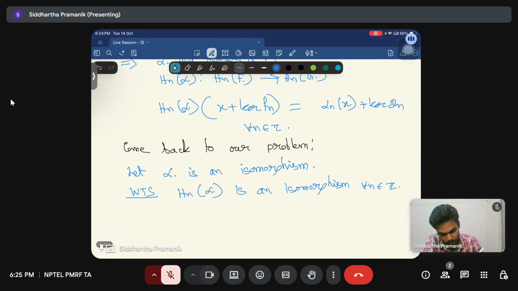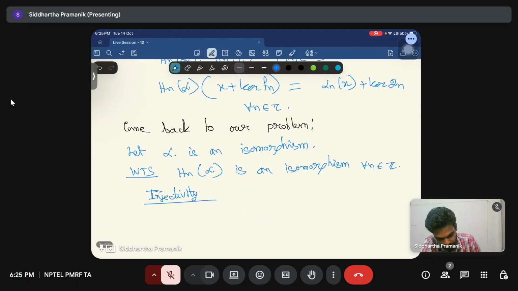So let's do it for a fixed n. So first we will prove the injectiveness. So let hn alpha dot of x plus kernel of fn be equal to 0 plus kernel of gn.